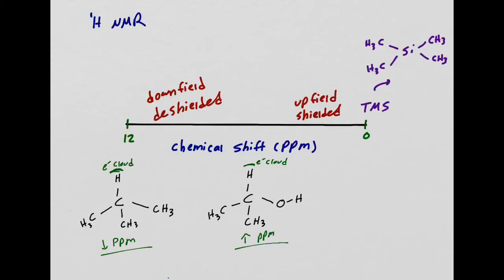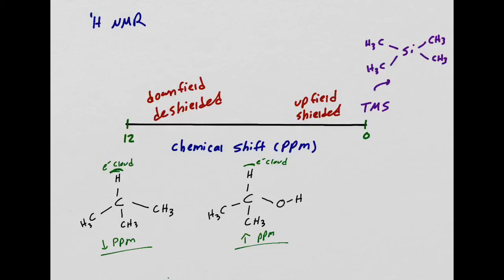Now this is why when you have a higher ppm, we call it de-shielded, because the proton is not shielded as much because it doesn't have as much electron density because it's being pulled this way. Now this one right here is going to have a lower ppm, is shielded, because again the electron clouds around the nucleus are going to shield the proton from the magnetic field.